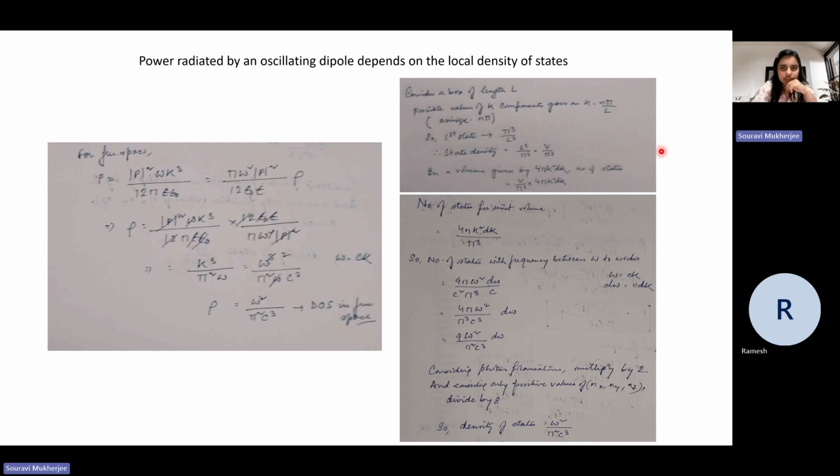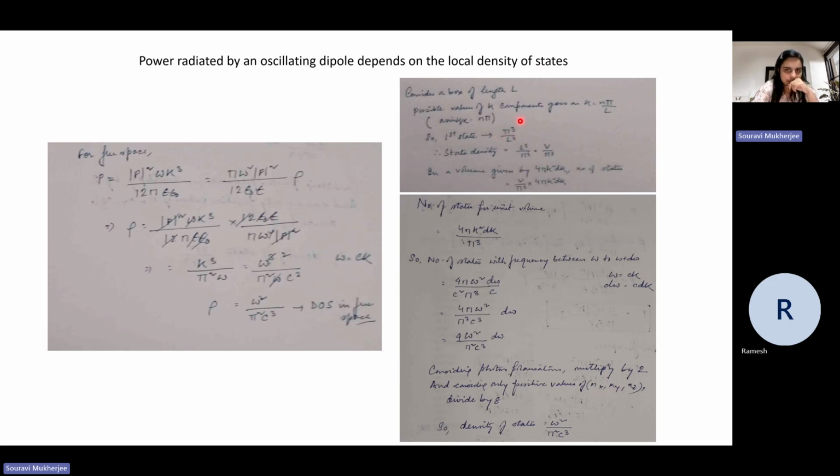So if you just consider a box of some length L, and there are certain boundary conditions, we know that the wave vector components should go as n pi by L, so that they satisfy the boundary conditions. If you have the same dimension in x, y, and z, the first state would have a wave vector given as pi by L, pi by L, pi by L, right?